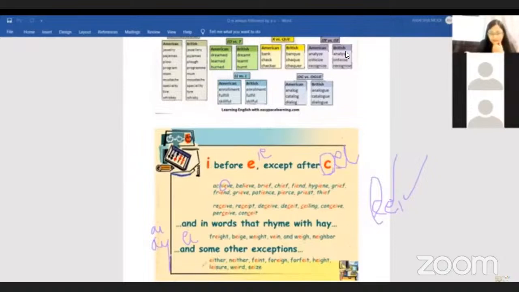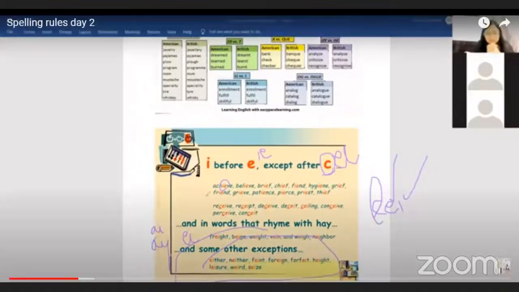And there are many exceptions for this rule, so all these are the exceptions. But it really helps a lot in most of the spellings where the children find it difficult to remember whether I will come first or E will, like field, shield, grieve, conceive, conceal, conceit, ceiling, all these words.